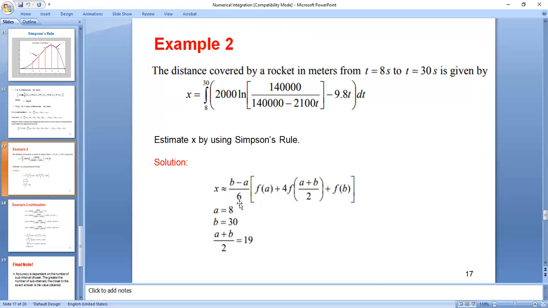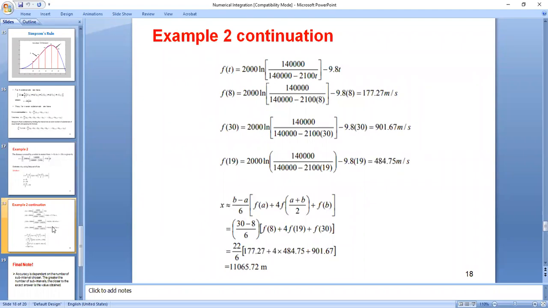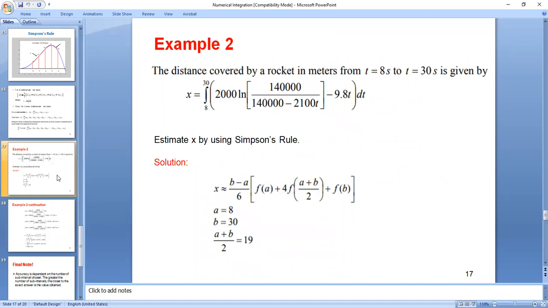Now, let me check last what is placed in here. How many divisions was used? The distance covered by a rocket in meters from 8 seconds to 30 seconds is given by this. Estimate x by using Simpson's rule. So x is being computed, but the number of divisions is not indicated. Let me check. So 8, 30, and 90. Is this 4 divisions only? Let me check last.